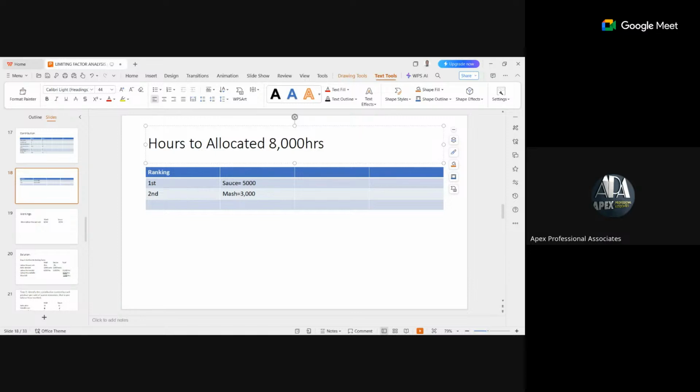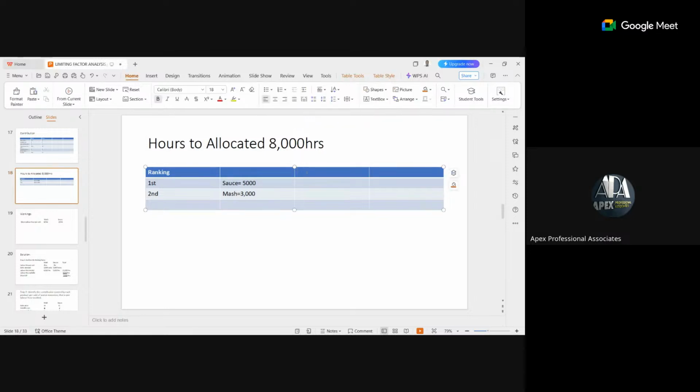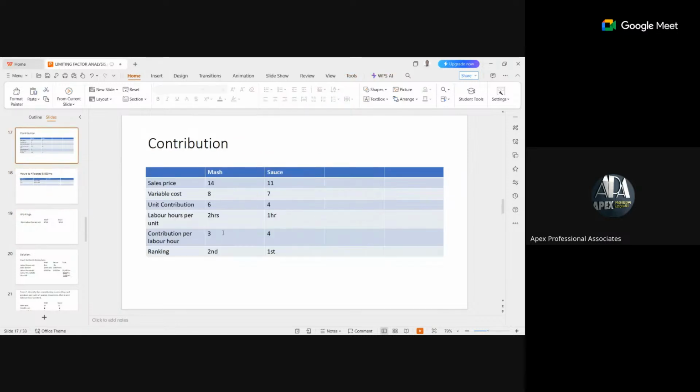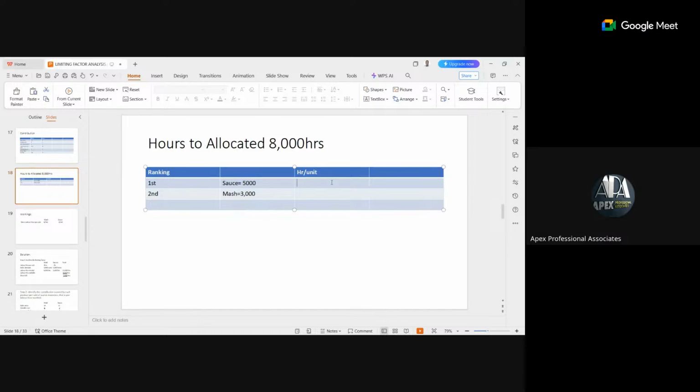Now, how many hours do we need? It's hours per unit. For source it is 1 hour, and for mesh it is 2 hours.